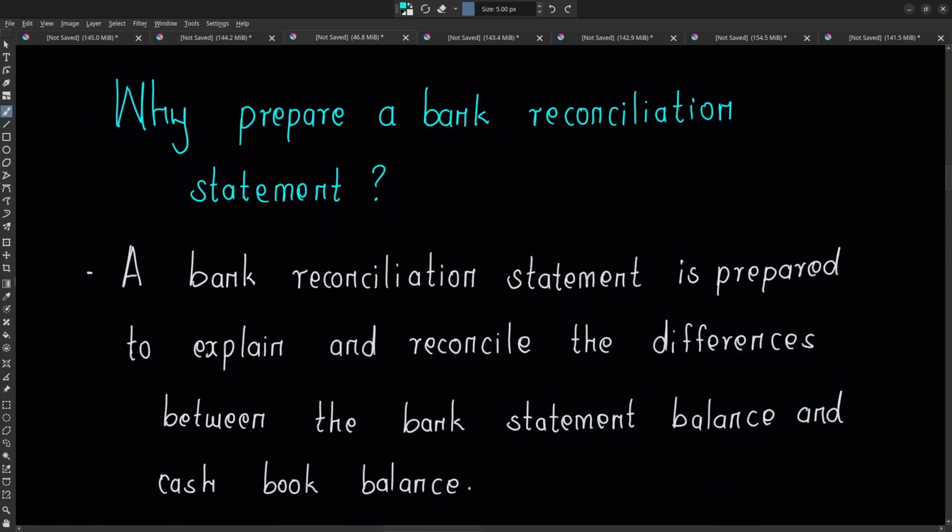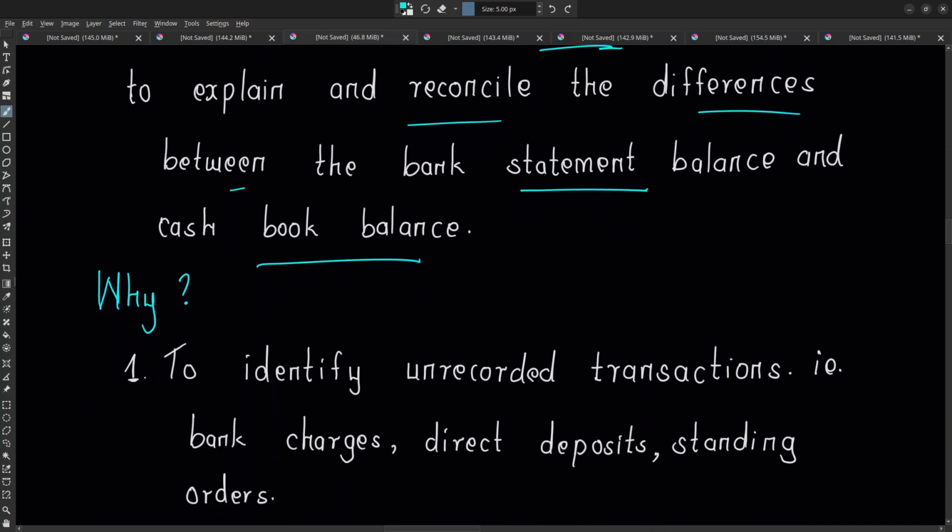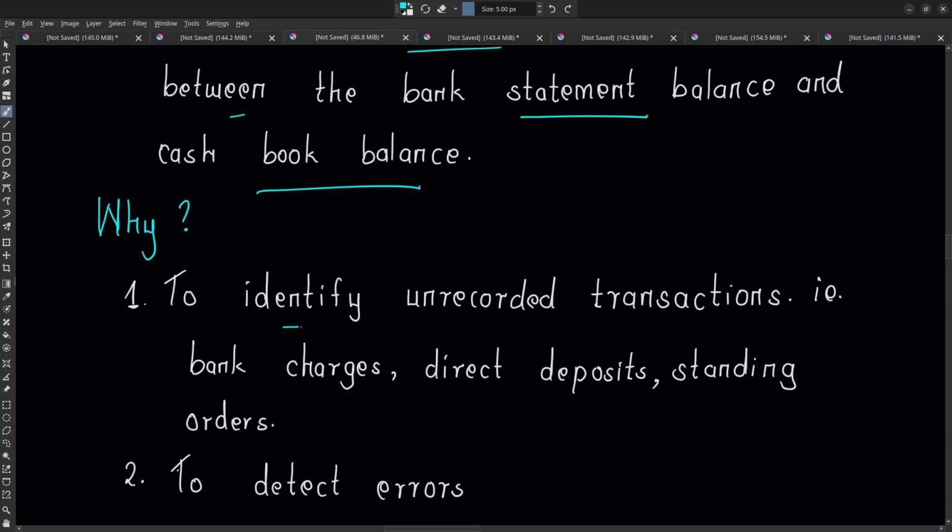So why do we prepare a bank reconciliation statement? Basically, a bank reconciliation statement is prepared to explain and reconcile the differences between the bank statement balance and the cash balance. What is the purpose, and why do we do that? First, to identify unrecorded transactions.